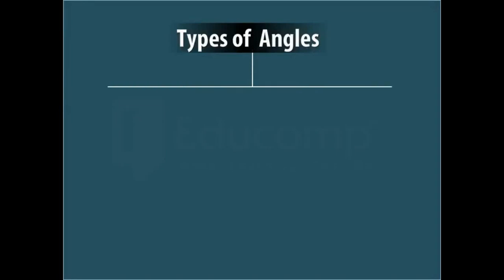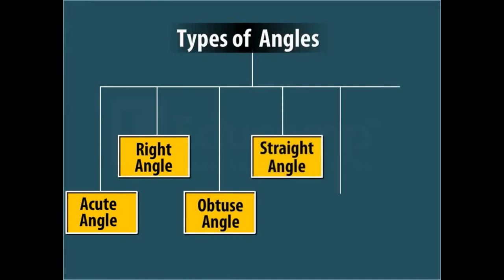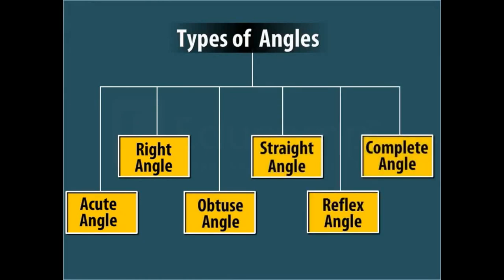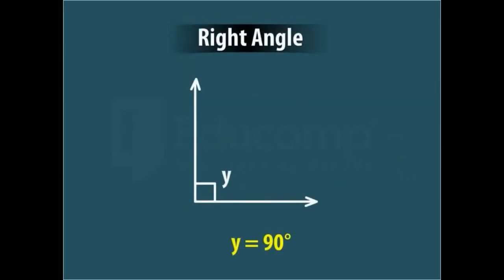Depending on their measure, angles are classified as acute, right, obtuse, straight, reflex, and complete. An acute angle measures between 0 and 90 degrees. A right angle measures exactly 90 degrees.